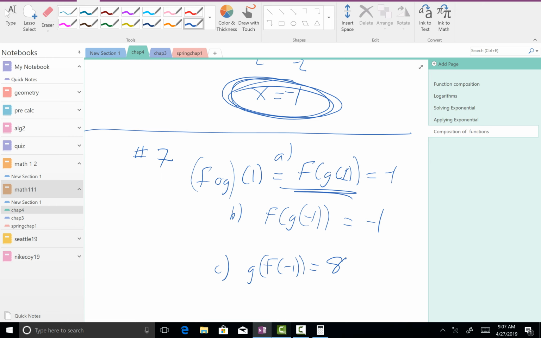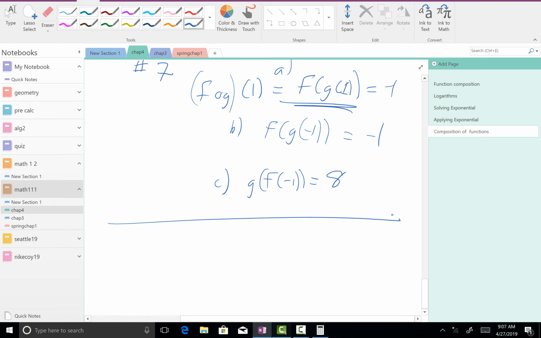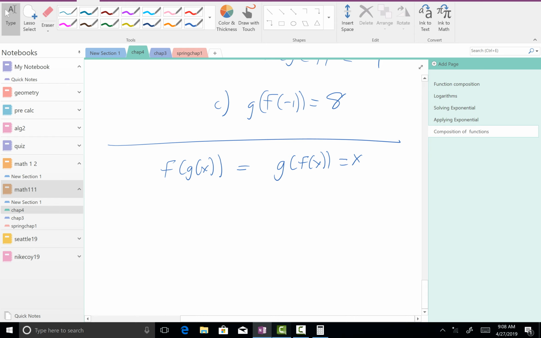The only other one that I see is where they want to show that this is equal to this, which is equal to x.